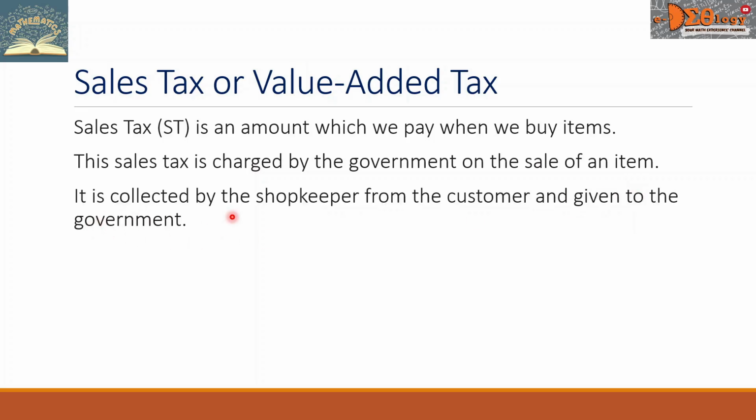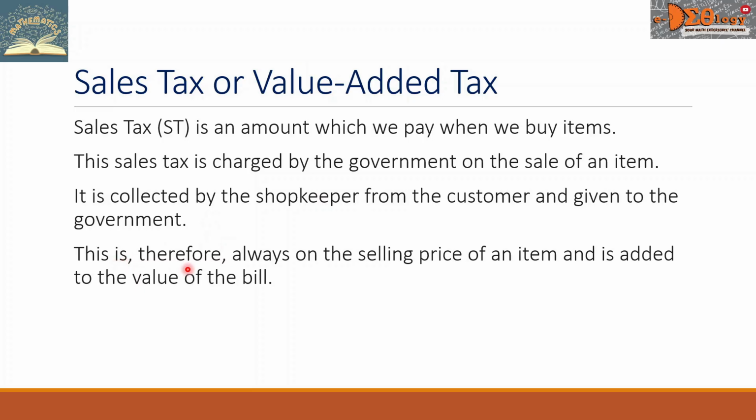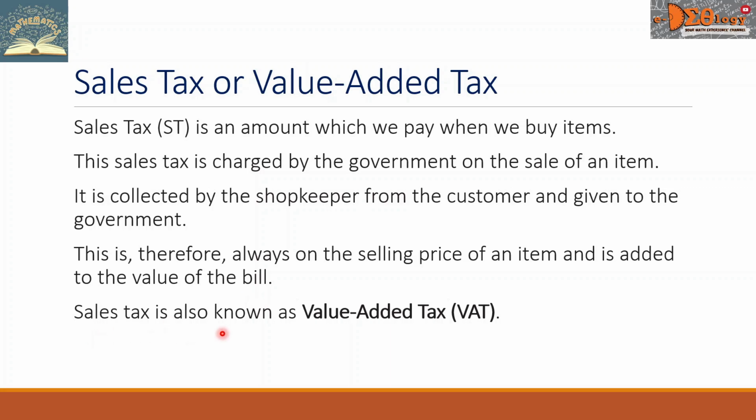It is collected by the shopkeeper from the customer and given to the government. This is, therefore, always on the selling price of an item and is added to the value of the bill. Sales tax is also known as value added tax or VAT.